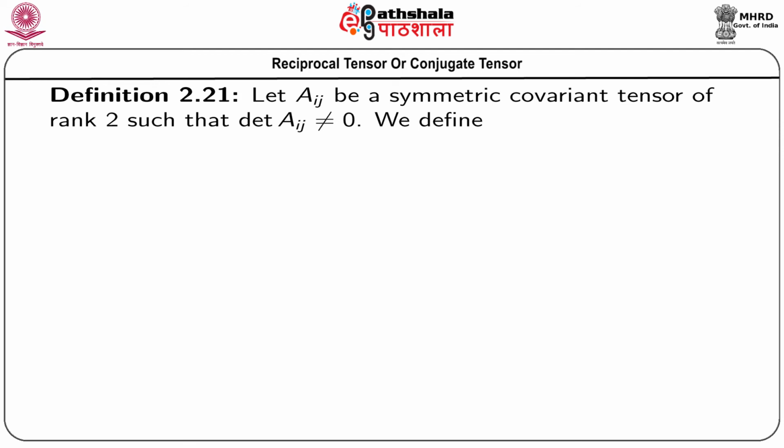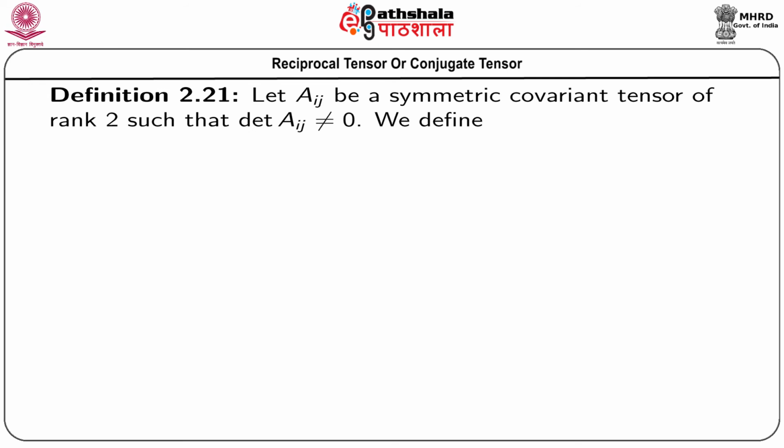Now, we define the reciprocal tensor or conjugate tensor of a symmetric tensor of type (0,2). That is a tensor of type A_ij, where A_ij is a symmetric covariant tensor of rank 2, such that the determinant of A_ij is not equal to 0.